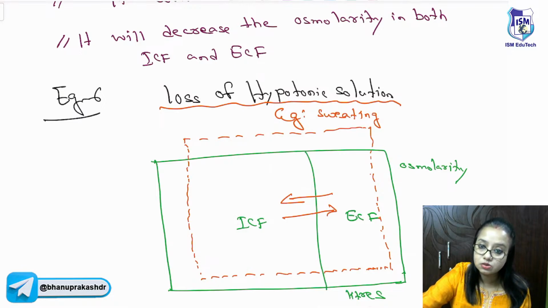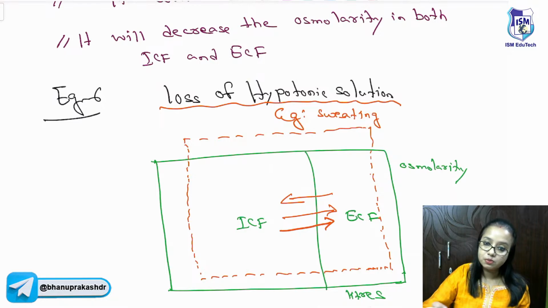First the ECF is losing, then fluid from the ICF starts moving to the ECF, and then again some fluid moves back to the ICF. So the shifting of this fluid happens. Ultimately, in both the compartments, the volume reduces and the osmolarity increases.